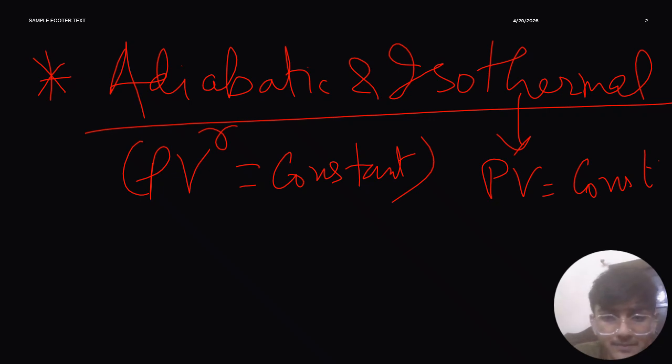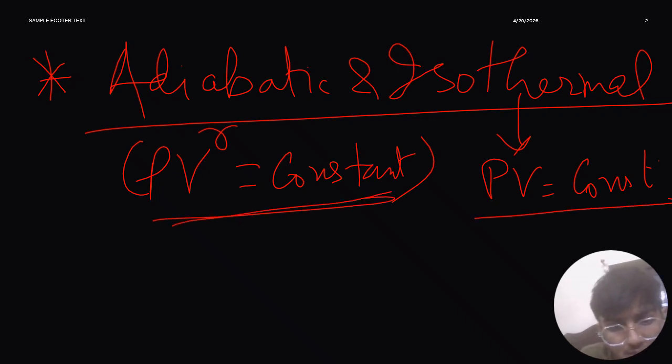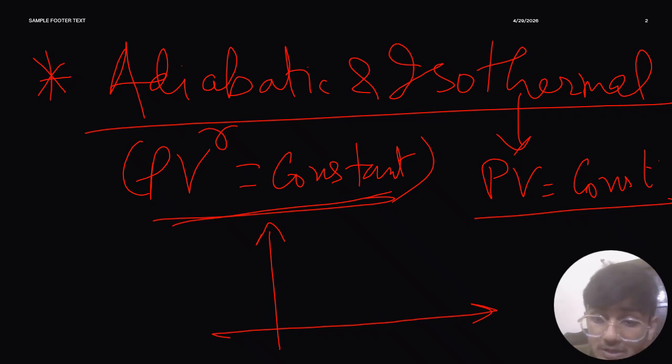Now, if you see the nature of the PV curve in both cases, you will see a curve similar to a hyperbola. But if both adiabatic and isothermal PV curves are drawn, how will you identify which one is adiabatic and which one is isothermal?